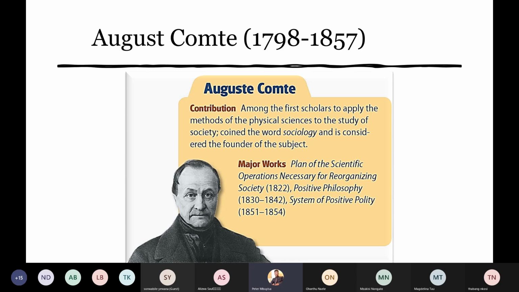And his major works are, he wrote a book called Plan of the Scientific Operations Necessary for Reorganizing Societies, where the book briefly looks at the implications of scientific processes in the organization of society.